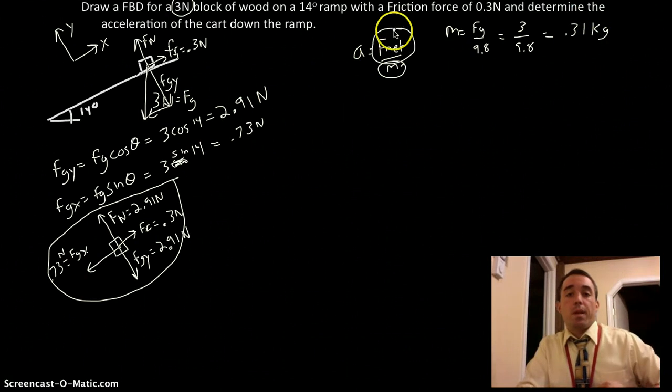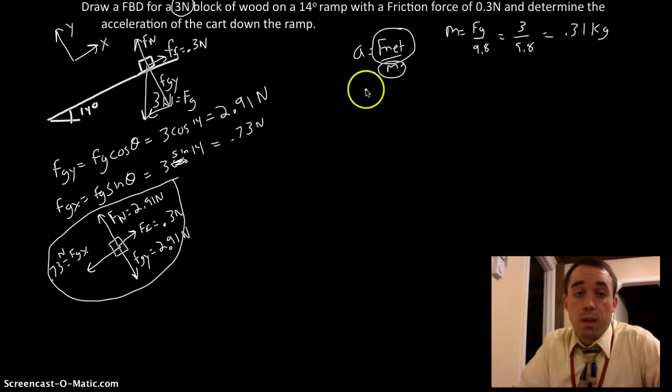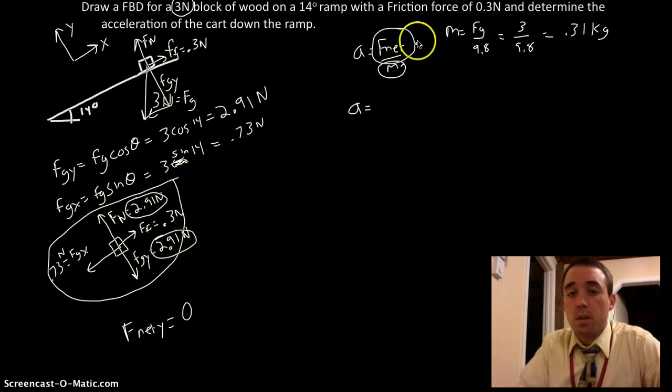Now I just have to determine what my net force is. Well, it's not coming off, up, or through the ramp, so my net force vertically is 0. Put that just down here. I know that my F net Y is equal to 0 because my total up force and my total down force cancel each other. So that has nothing to do with it.